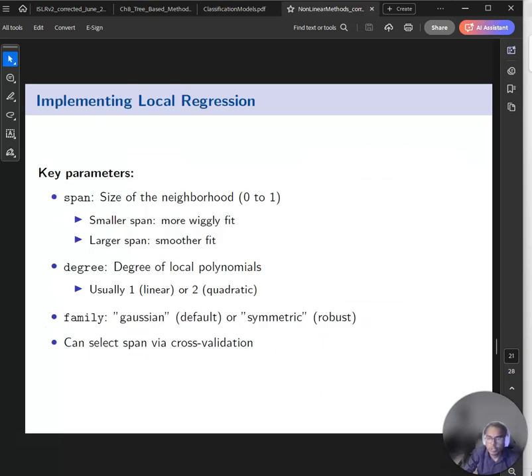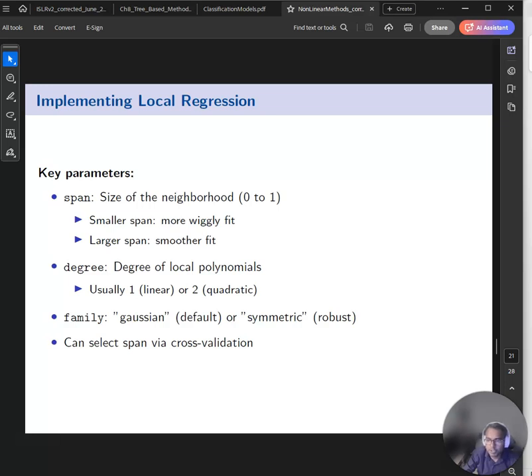When implementing local regression in practice, there are some key parameters that you need to keep in mind. The first and most important one is the span, which determines the size of the neighborhood. It ranges from 0 to 1, representing what proportion of the total data is used for each local regression. A smaller span creates a more wiggly fit that more closely follows the data.